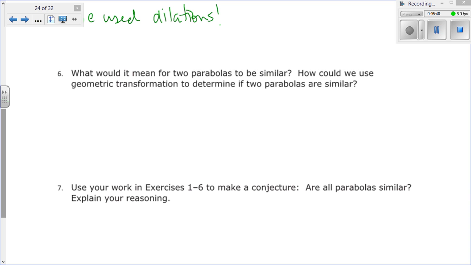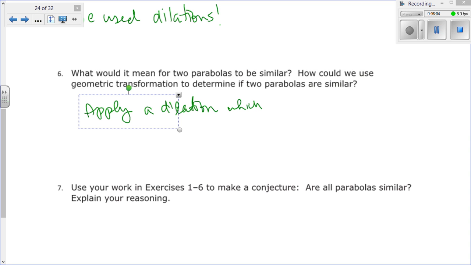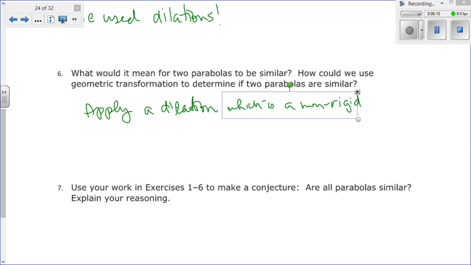So for them to be similar, we'd have to apply a dilation, which is a non-rigid transformation.